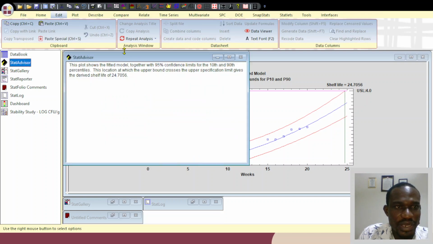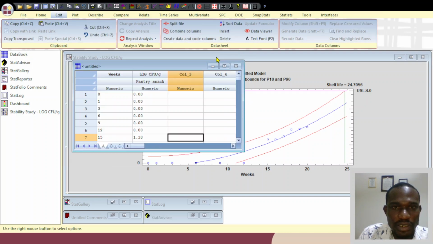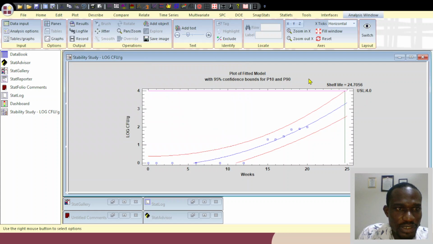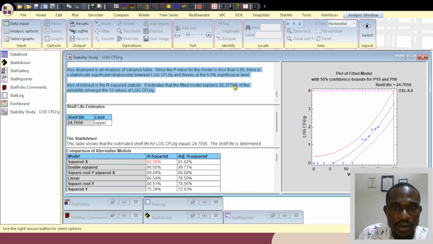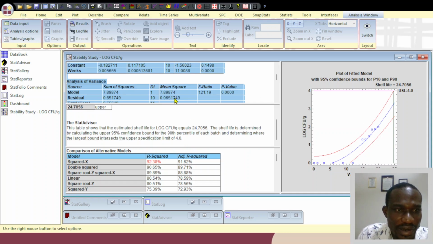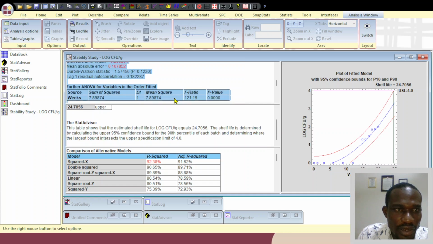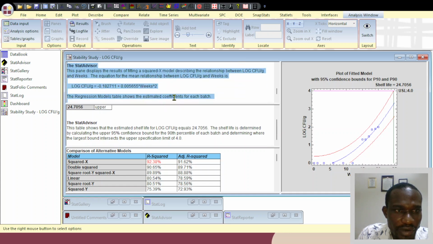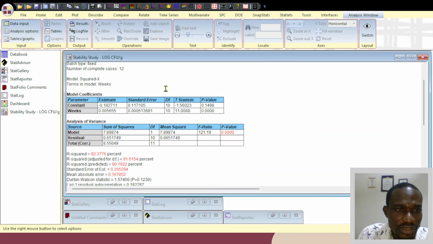So whatever results we had, where's the results? Okay, you would realize that an equation is given for the graph. An equation is given for the graph, and this is the equation.